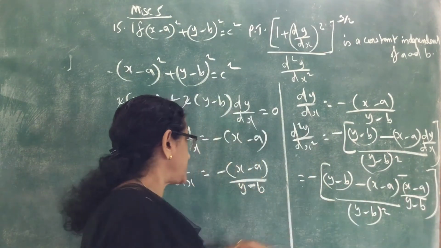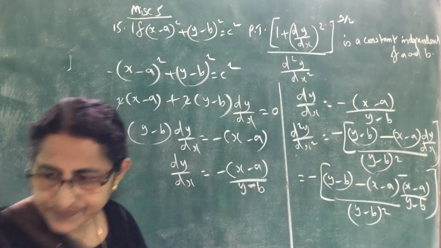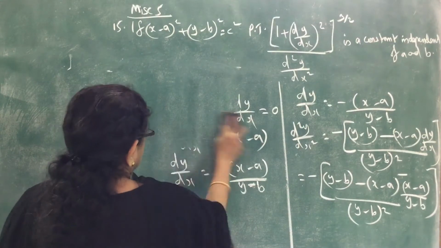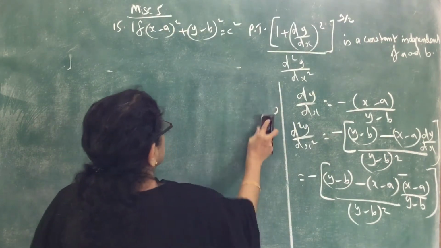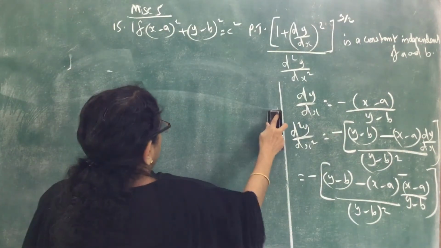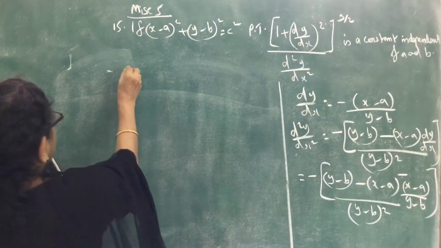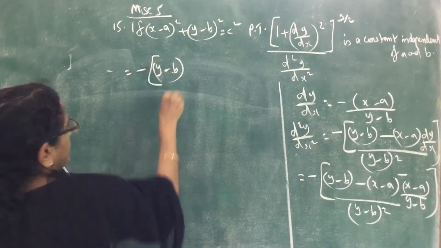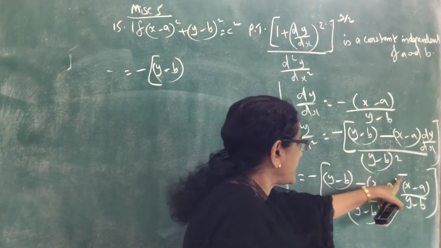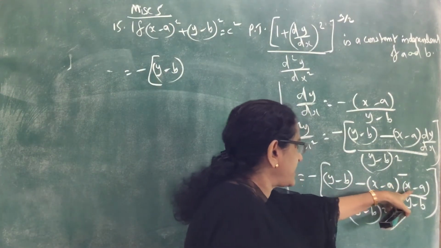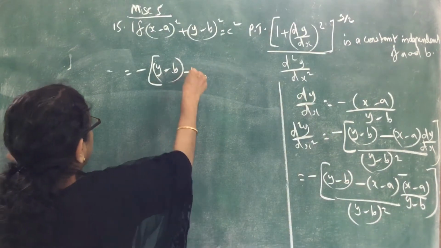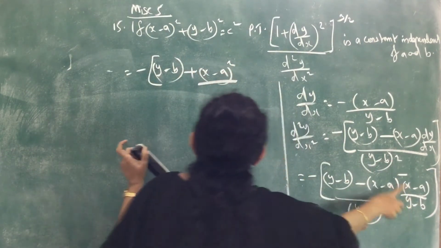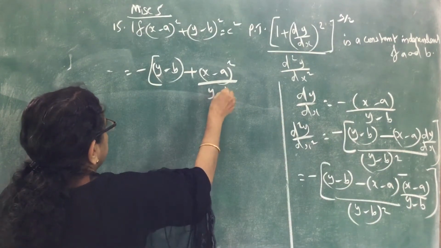Now we can simplify this. That is equal to −[(y − b) + (x − a)²/(y − b)], because minus into minus gives plus (x − a)(x − a), so plus (x − a)² divided by (y − b).